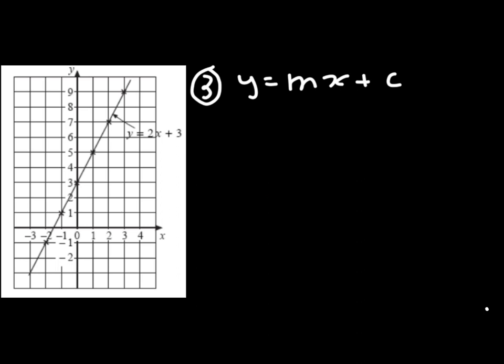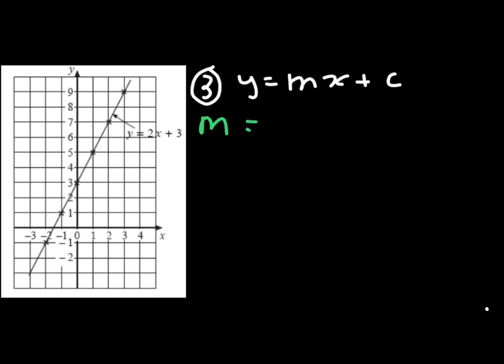For question 3, we are once again asked to find the equation of the straight line graph. Once again, we can see that the general formula for a straight line graph is y equals mx plus c. To start off, we need to find m.